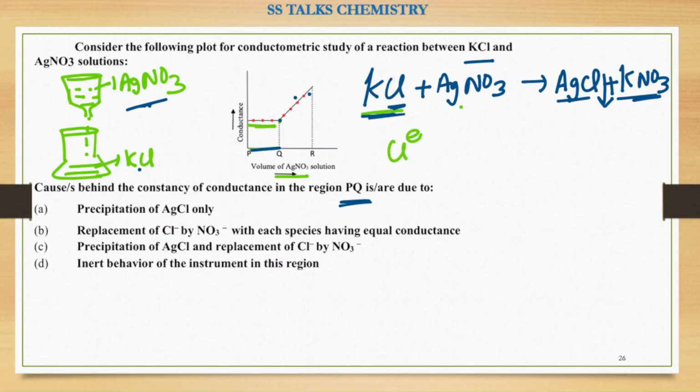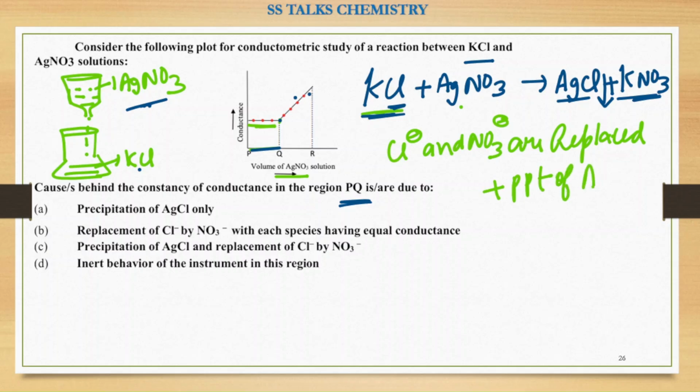Okay, so Cl negative and nitrate are replaced, that is why there is little change in the conductance. Along with that, the precipitates of AgCl are also being formed. Due to that also, the conductance value has not shown much change in the PQ region.